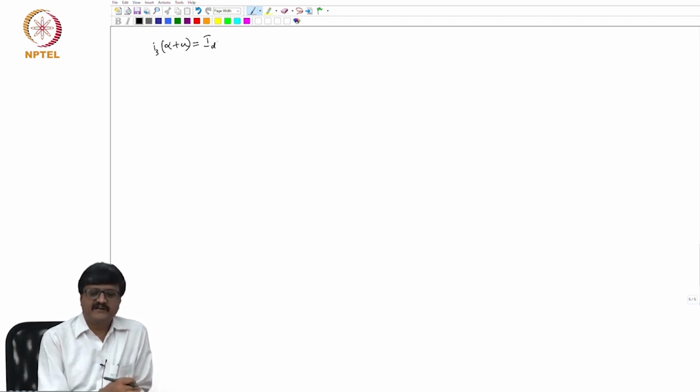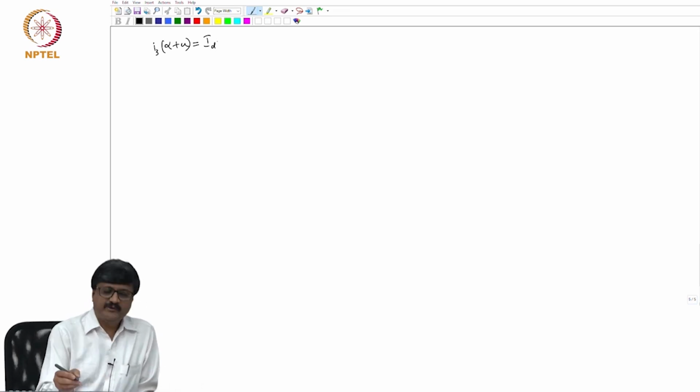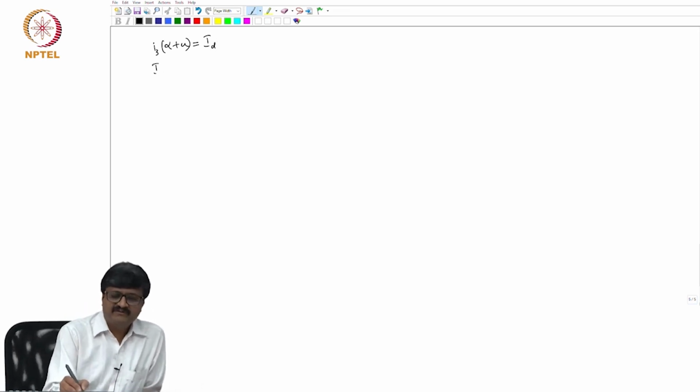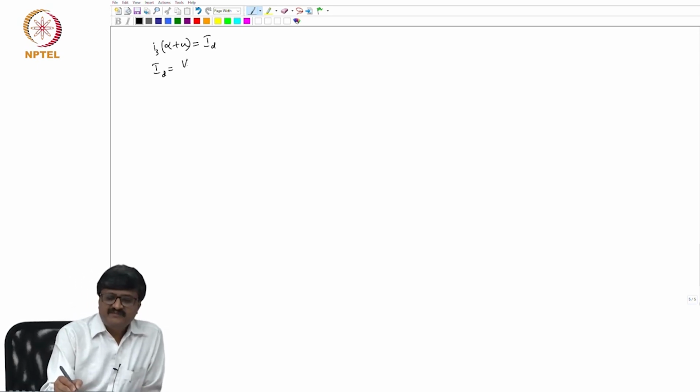So, valve 3 current I3 at alpha plus u, at the end of the first subinterval, is equal to ID. So, if you use the expression, this gives ID equal to V by root 2 omega OL into cos alpha minus cos alpha plus u.